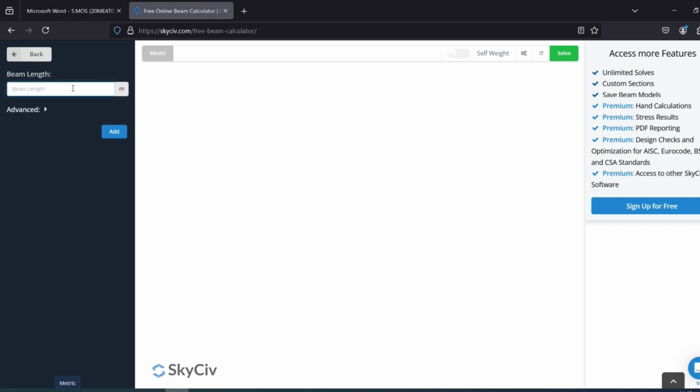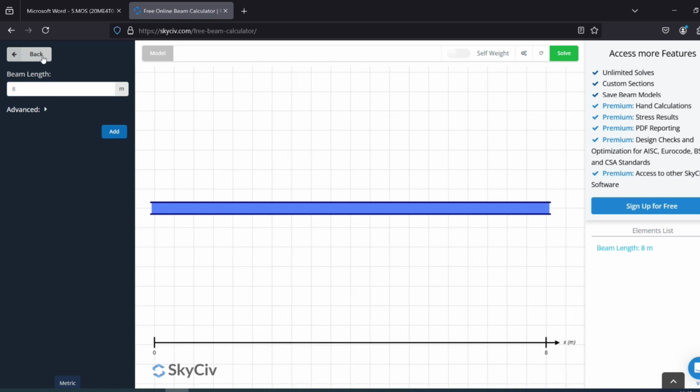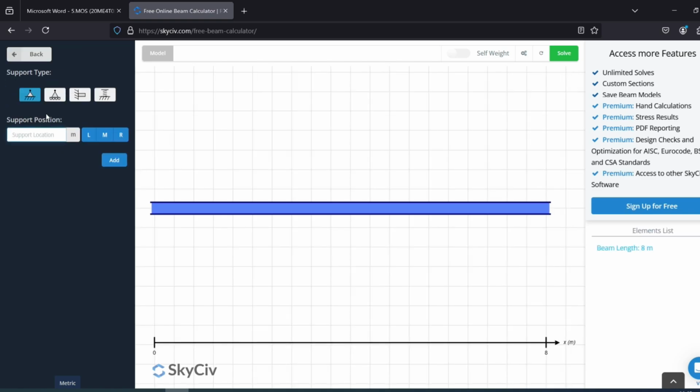Exactly, a simple beam, the length of the beam 8, just for cross checking. Supports at the left, and the support has to be at the right.